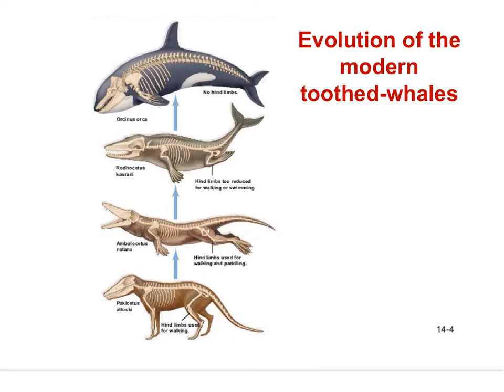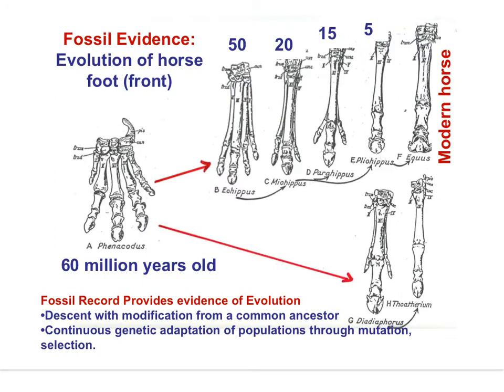Descent with modification. The evolution of the modern horse is similarly well recorded in the fossil record. In this slide, the ancestral horse species found in rock dating back 60 million years can be seen here. All 5 digits are apparent. Over time, a single digit was strengthened, while others were reduced and ultimately lost.